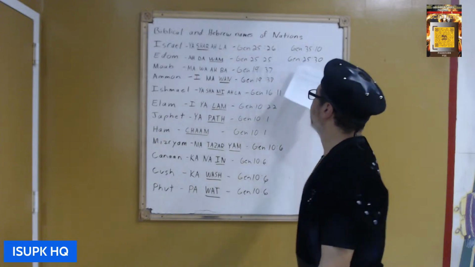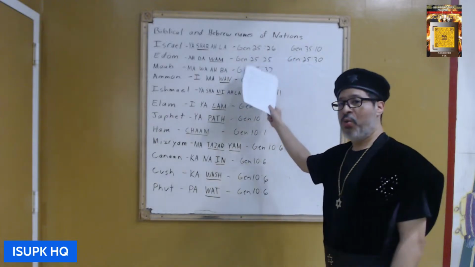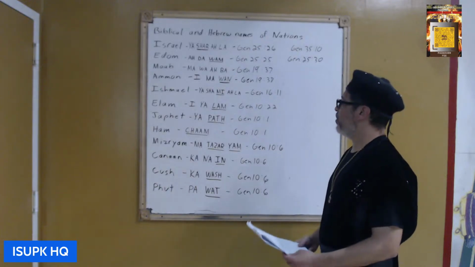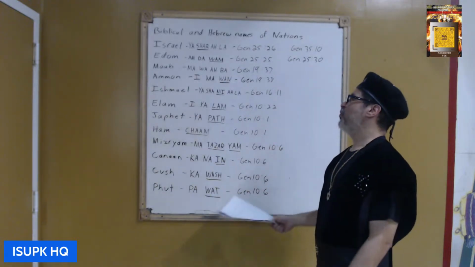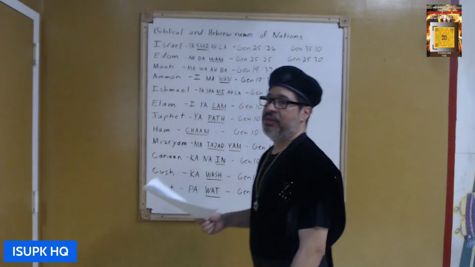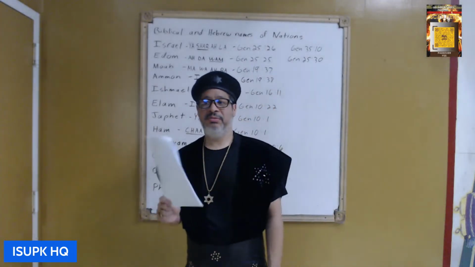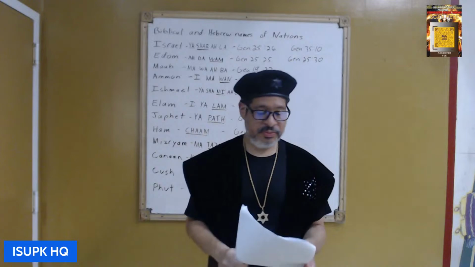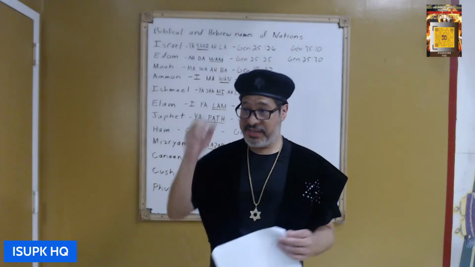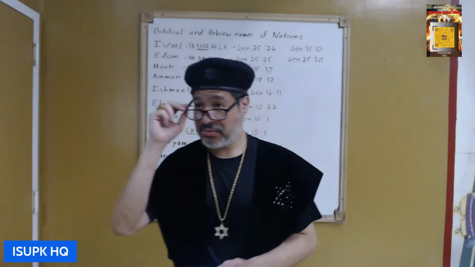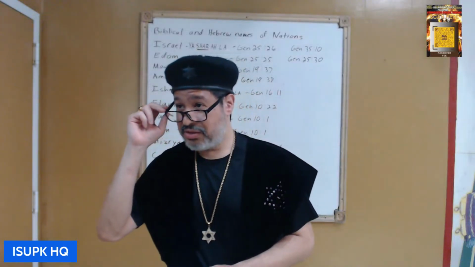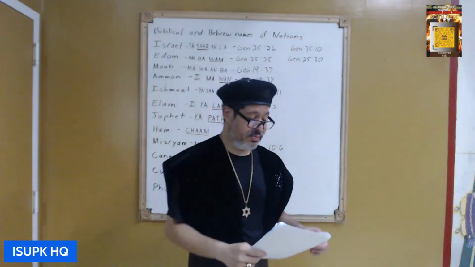You see the actual names in the Hebrew, where they are in the Bible. And you know the pronunciation. We went over spelling in both the ancient Hebrew and the modern Hebrew. Are there any questions at all? Please add them to the chat. Okay. Doesn't look like there's any questions.